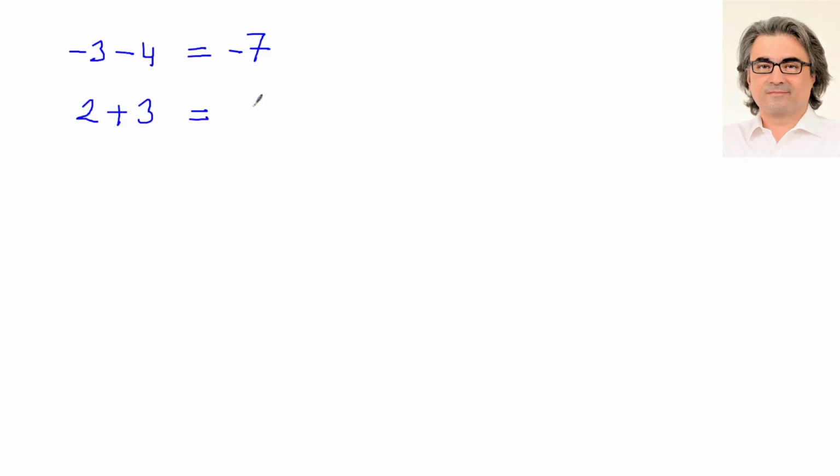So find their summation. Their summation is 5, and put plus sign in front of 5, because they have the same sign, common sign, plus. But I don't need to write plus in front of 5, because if you don't write plus sign, it means plus.